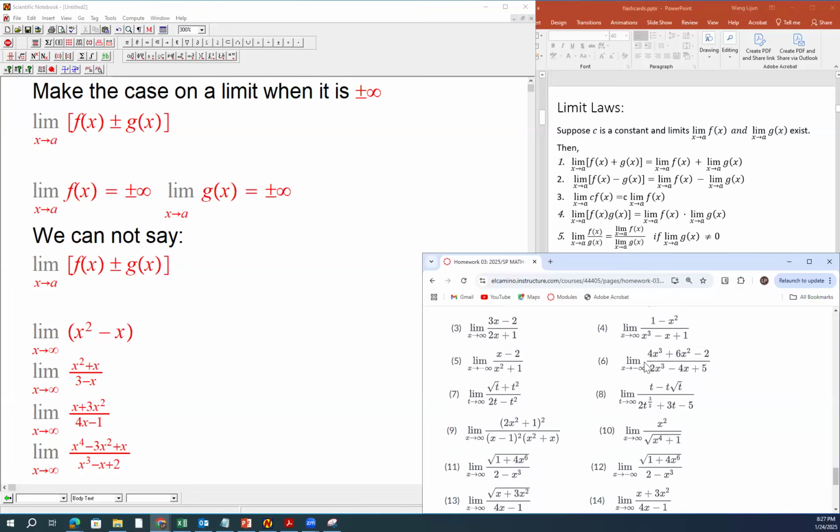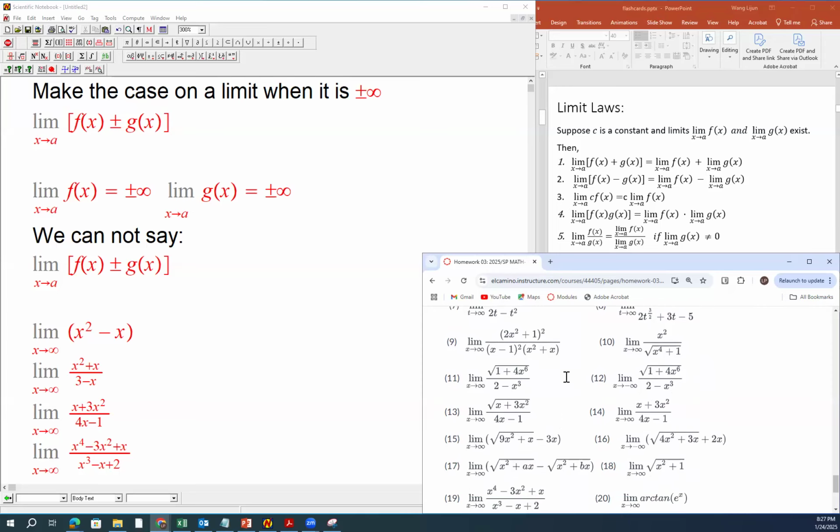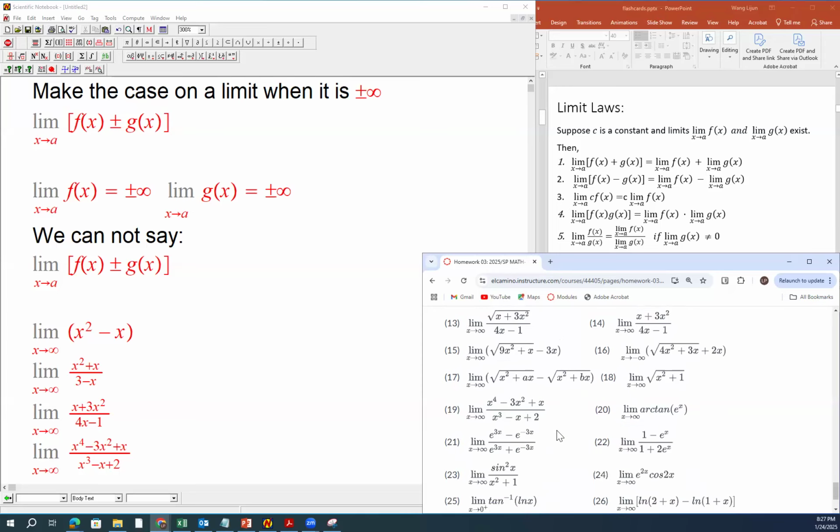You see, in the number 6 case, when x approaches negative infinity, the numerator approaches negative infinity and the denominator approaches negative infinity, and we will be able to find the limit. We know the techniques, how to do it. So we have gone over those examples in previous lessons.